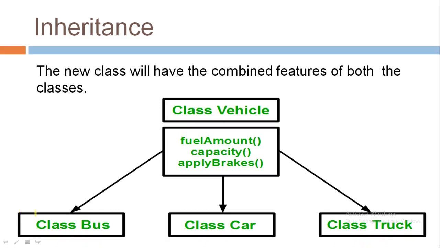Now in this figure we can see that bus, car and truck are all different vehicles from each other, but they all have the same behavior related to fuel amount, capacity and apply brakes. So we can say that the existing class vehicle can be extended to class bus, class car and class truck with their own unique features.